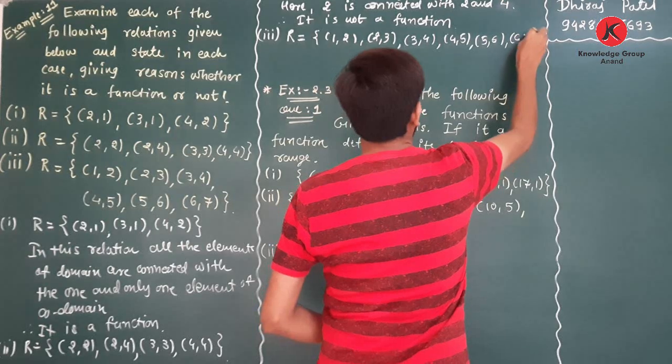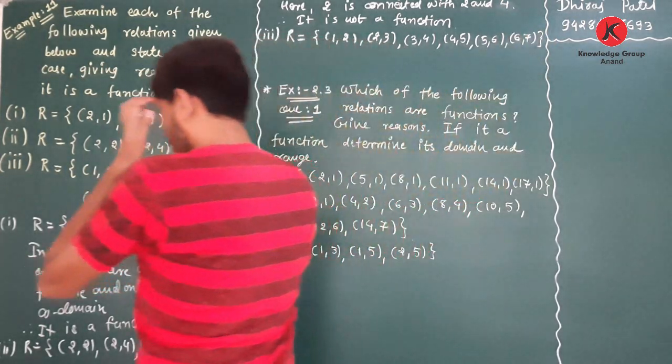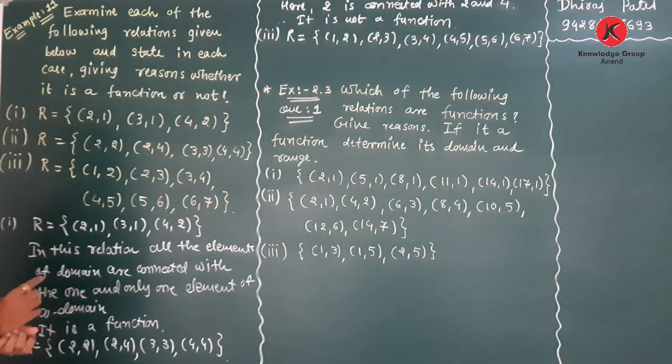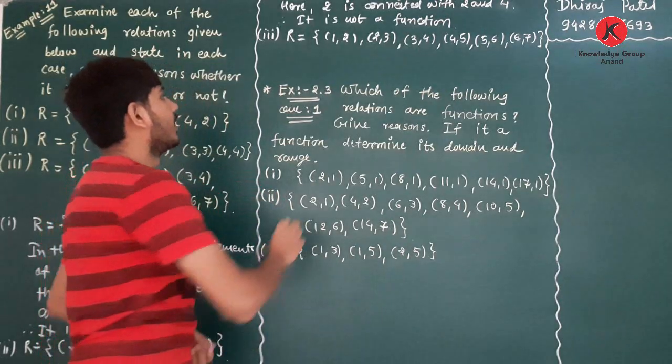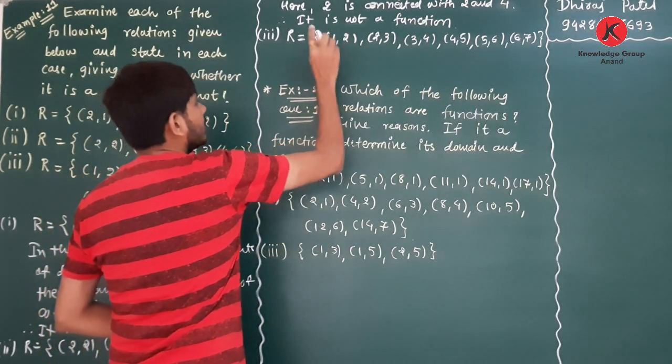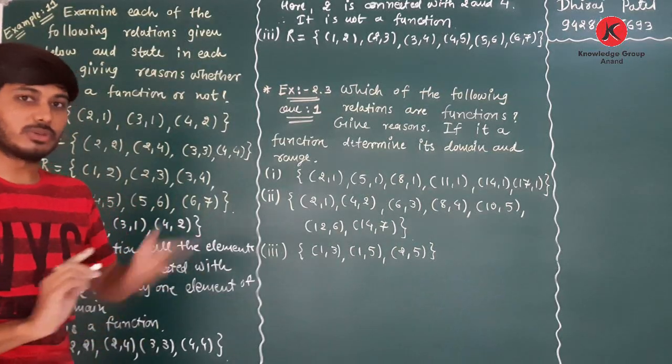Chalo. Check all the order pairs. If there exists any order pair having first element 2 times, first element 2 times આવતી એવી કોઈ order pairs છે?